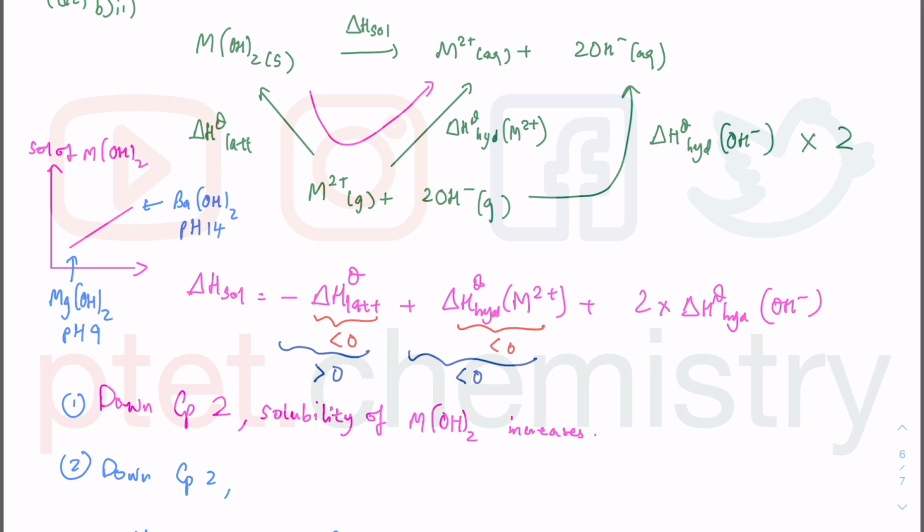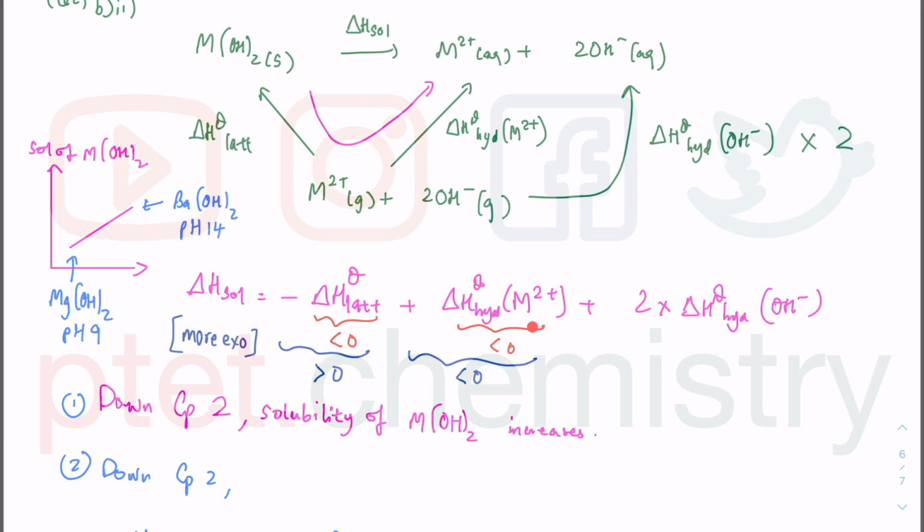Okay, so if I want it to be more exo overall, I want this value to be bigger than this, because this is the negative component. So even though both of them are decreasing, this must decrease lesser, because I want this to be a bigger value so that I will get overall more negative.